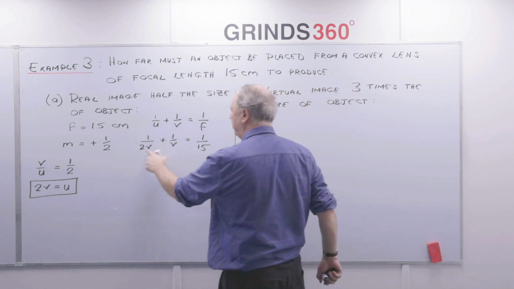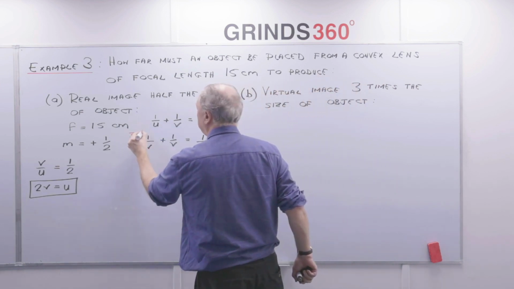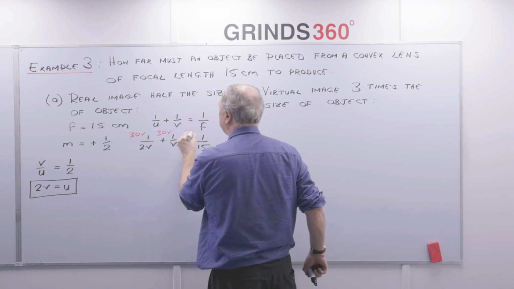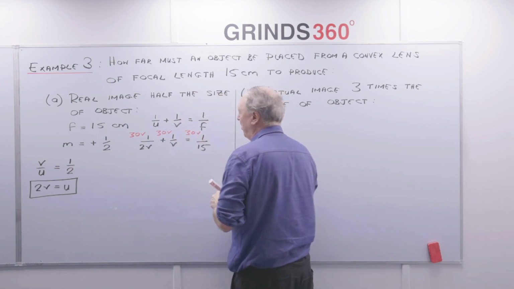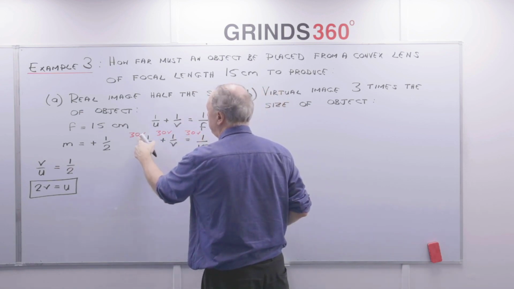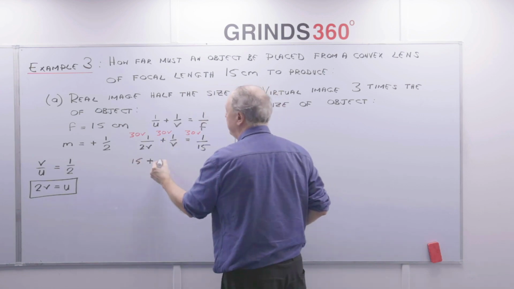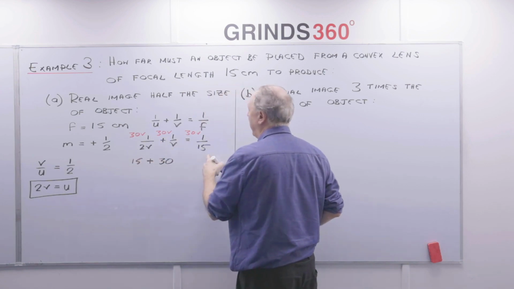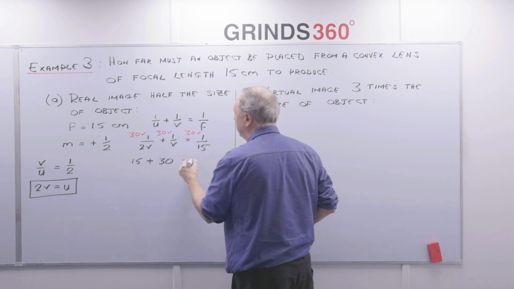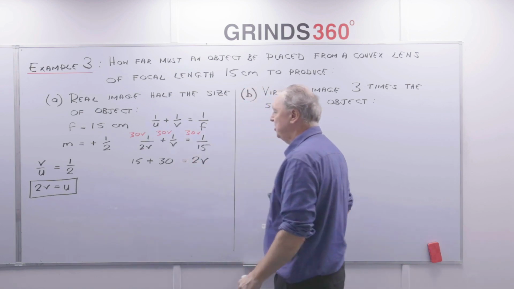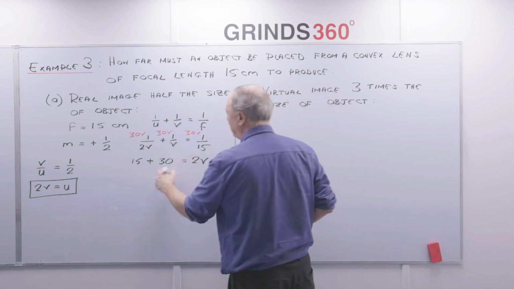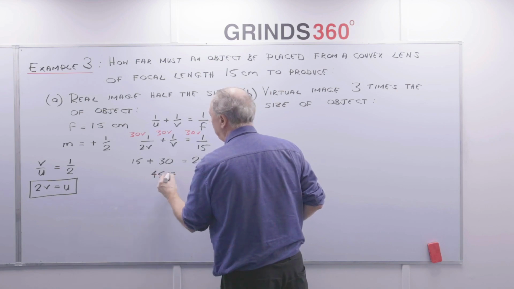Multiply across by 30V. So what do I get? 2V into 30V goes 15 times. Plus V into 30V is 30. And 15 into 30V is 2V times. So I end up getting 45 is equal to 2V.